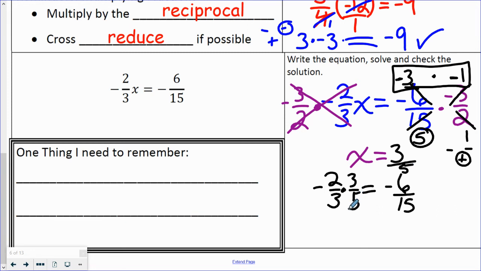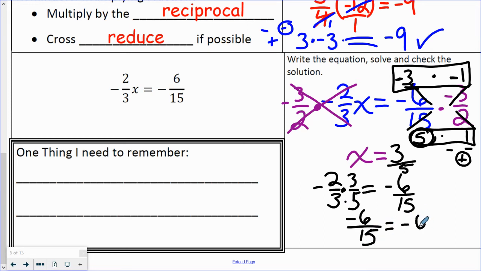Because I would have seen, oh, well, I would have gotten 2, and 2 is not the same as my 6/15. Okay? Make sure then as well that we remember we have numbers down here to be multiplying. They don't always cancel to 1. All right. So if I take a -2 times a +3, I get a -6, and 3 times 5 is 15.